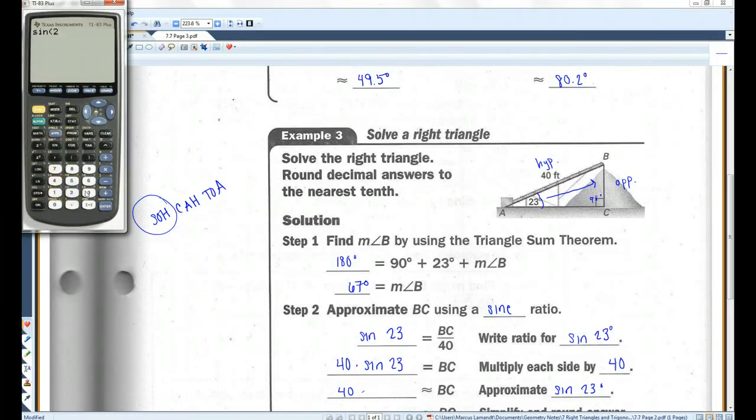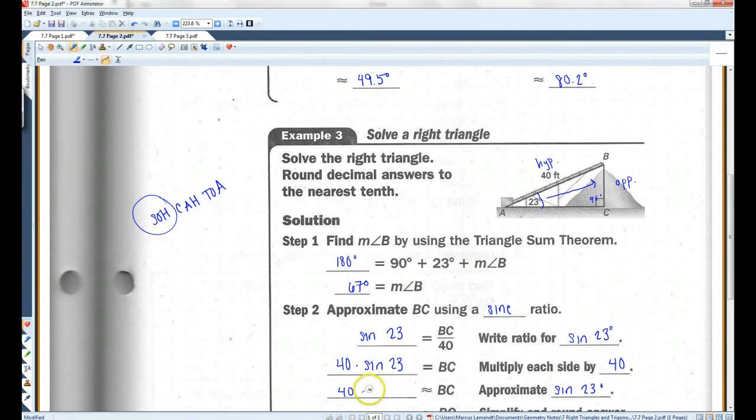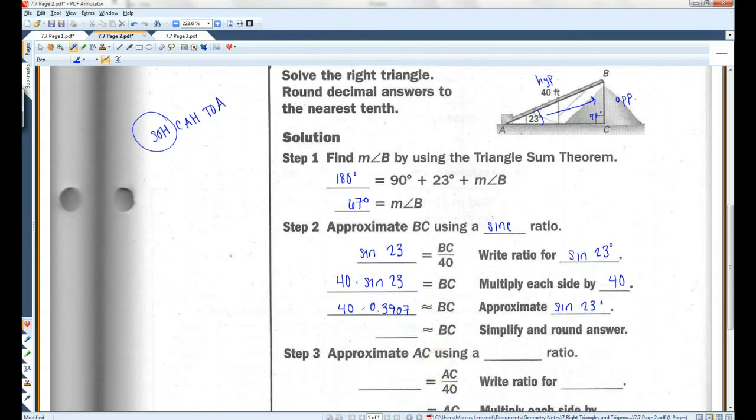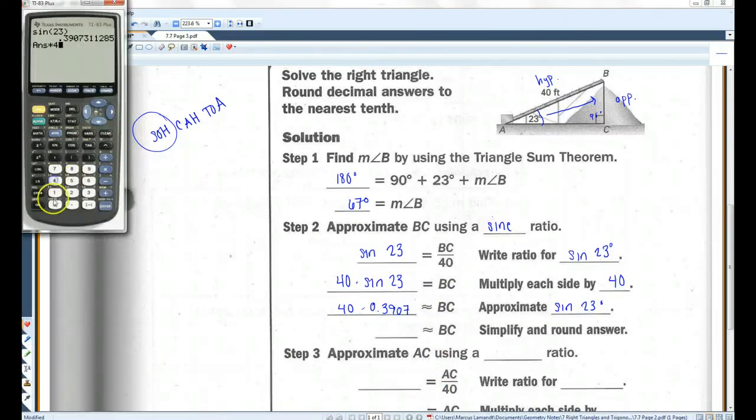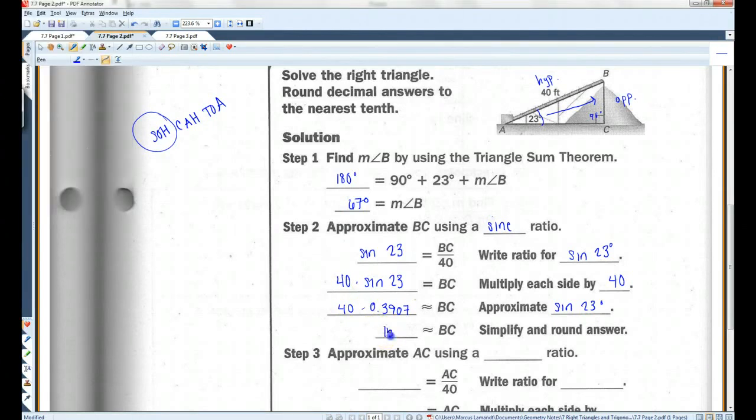Sine of 23. 0.3907 times 40, 15.6. So that's BC.